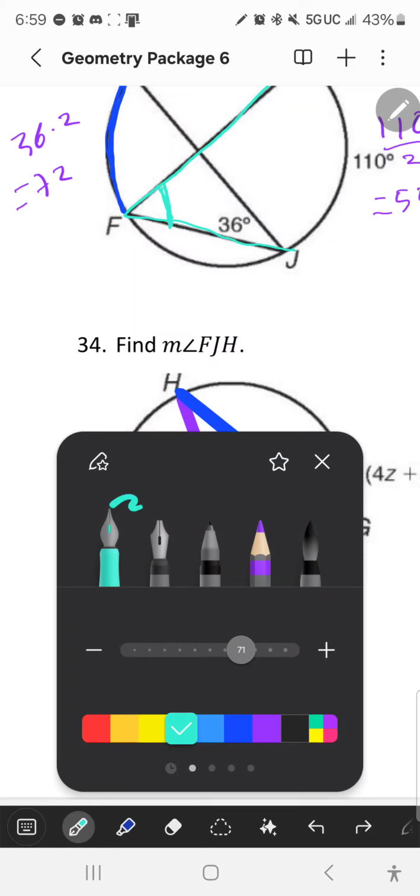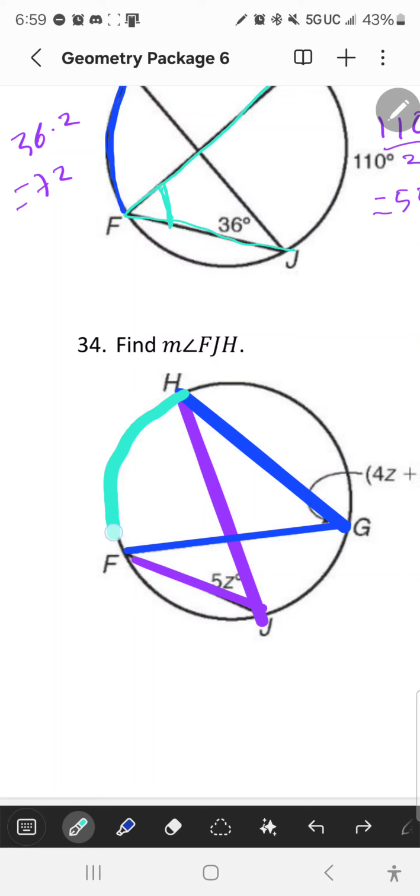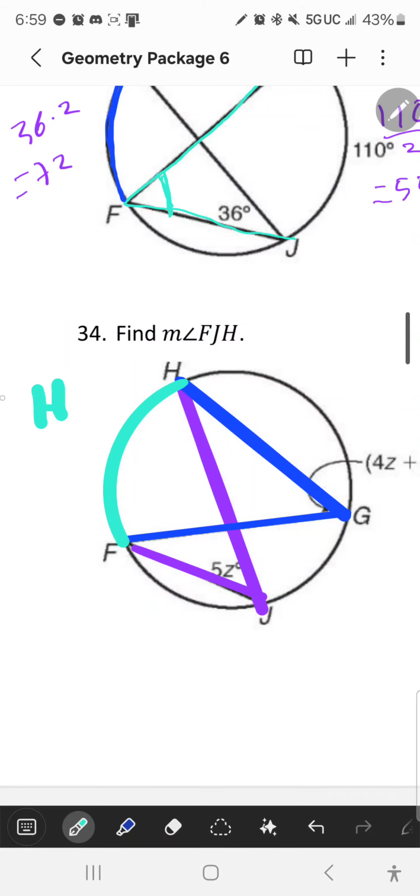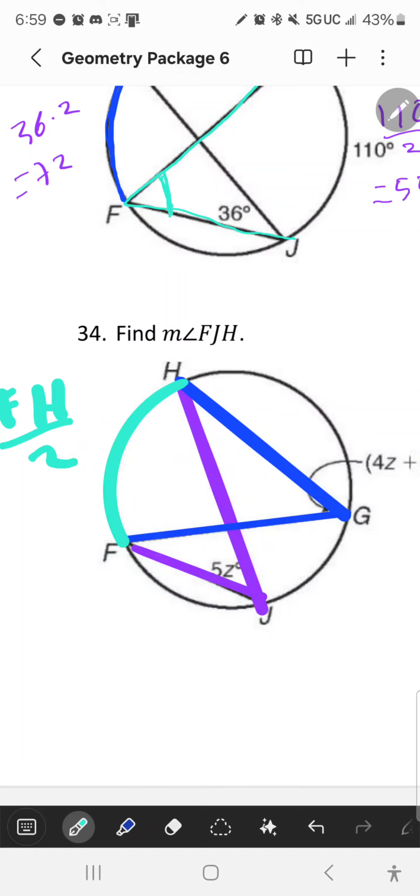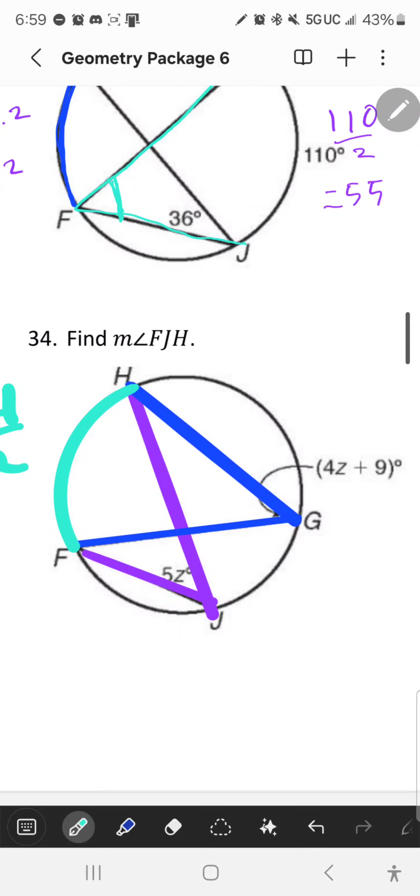So they are both going to be half of arc FH. Sorry about that. So we can say that they are both equal.